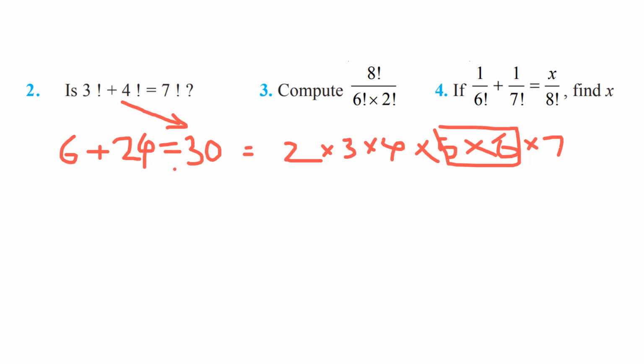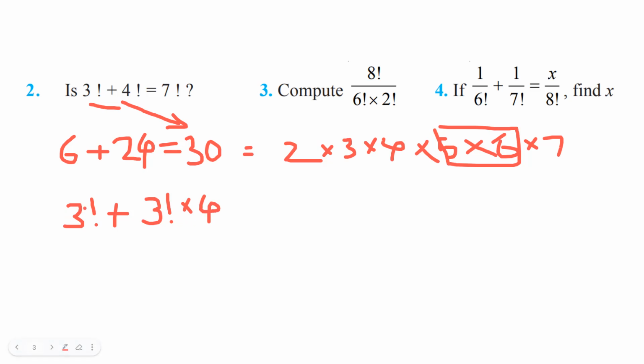Another way to approach the same question: 3 factorial plus 4 factorial is 3 factorial plus 3 factorial multiply 4, because 4 factorial is nothing but 3 factorial multiply 4.